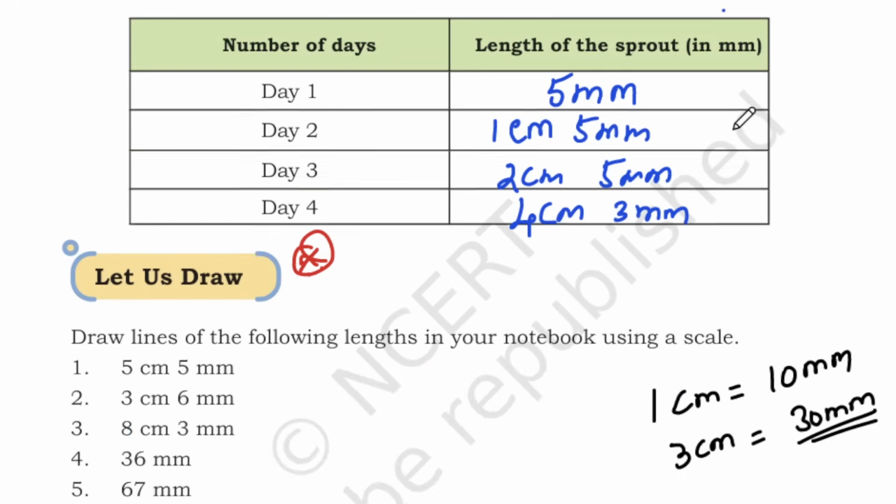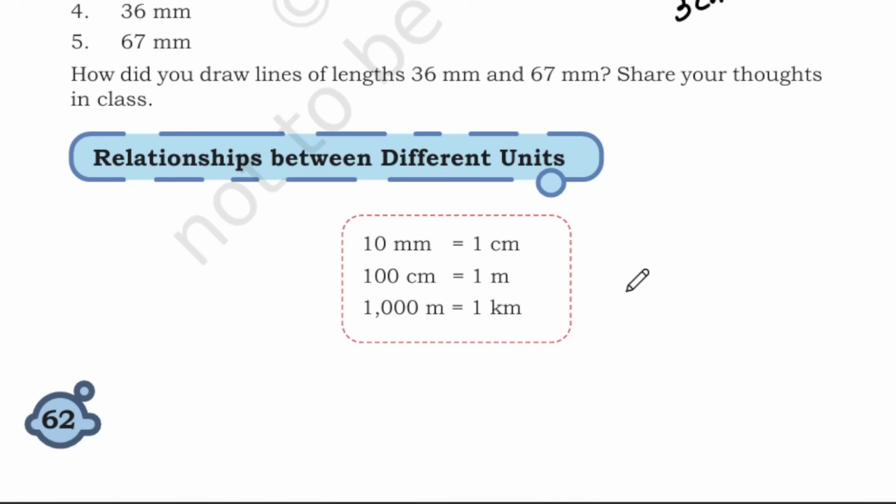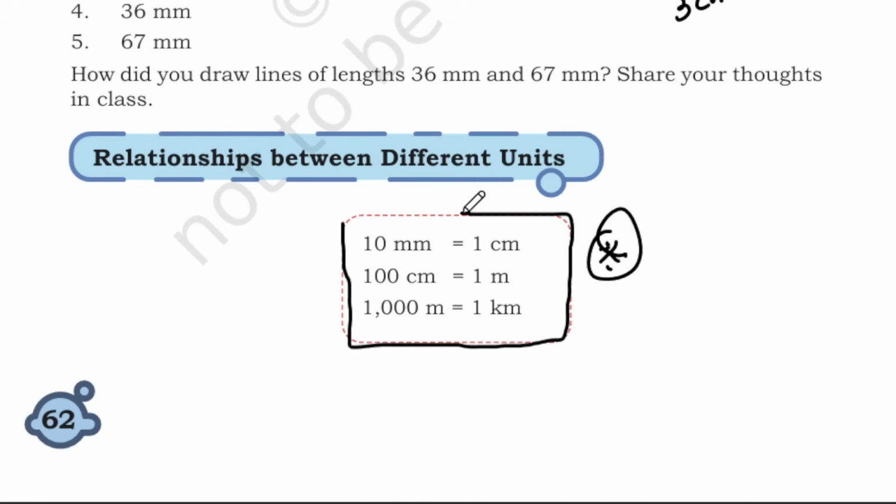Okay, next. Relationship. Very important, students, again this one. 10 millimeter equals 1 centimeter. 100 centimeter equals 1 meter. 1000 meter equals 1 kilometer. Students, this one is very important: the relationship between different units.